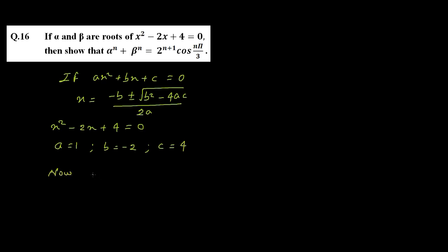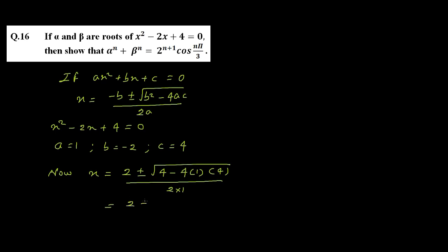Now both the roots can be found out. x is equal to minus b, so that is 2, plus or minus root over b square, so minus 2 whole square, that is 4, minus 4a, that is 1, c is my 4, by 2a, that is here 2 into 1.